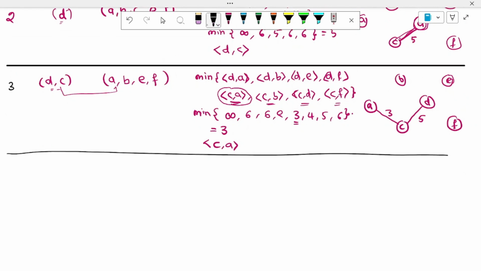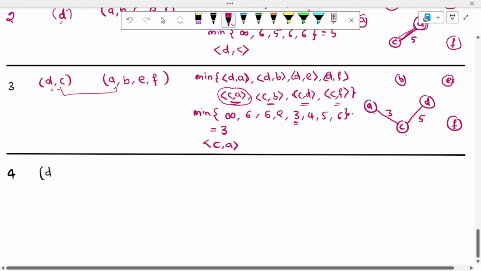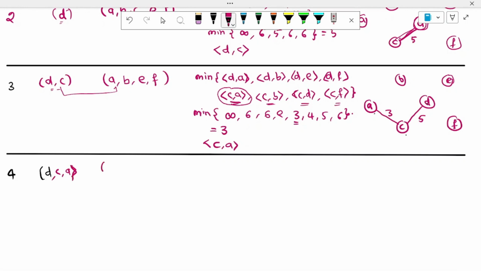In this next step, this is step number 4. Now we can see clearly that I have visited D, C and A.